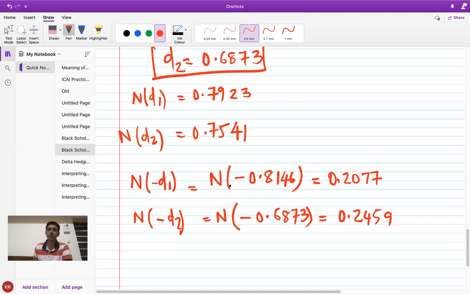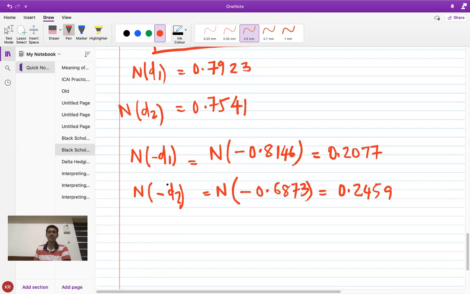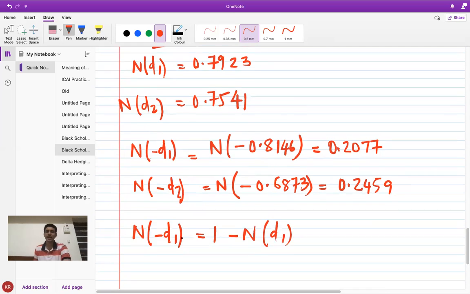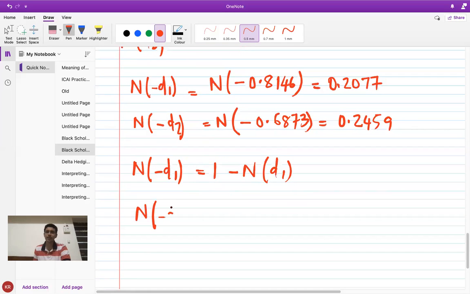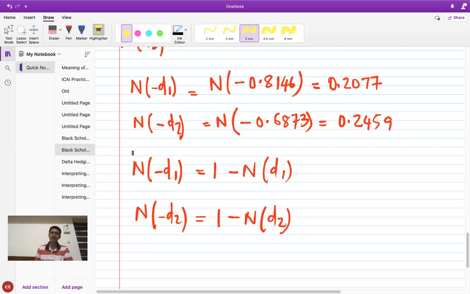So we will not find the value for N of minus D1 in this fashion. We will straight away write N of minus D1 is equal to 1 minus N of D1, and N of minus D2 is equal to 1 minus N of D2. I think this becomes easier. I will tell you later why they add up to 1. There is a logic as to why they add up to 1.